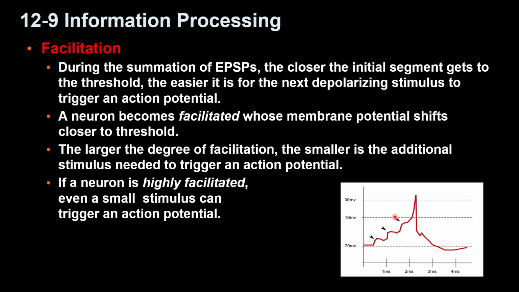If the threshold is here, and this is so close to the threshold, a small stimulus will go above the threshold and cause an action potential. If you get a small stimulus here, it will not cause an action potential. So this is not facilitated. It has to be very close to the threshold, and that is increasing the chance of action potential.